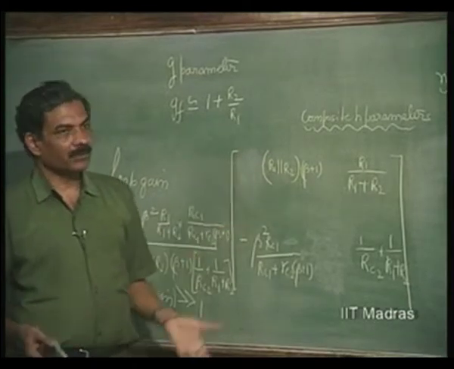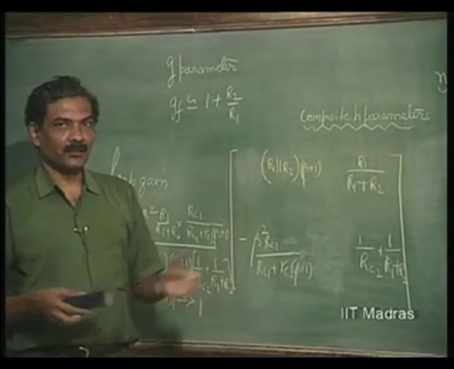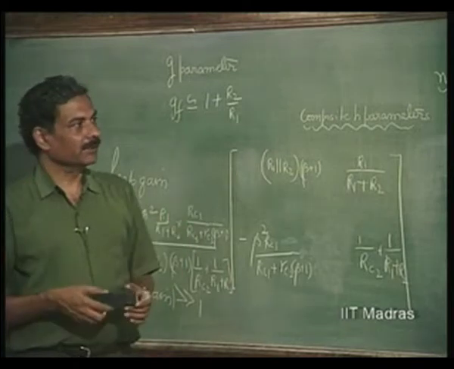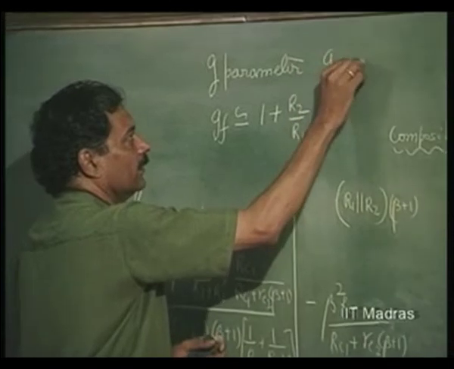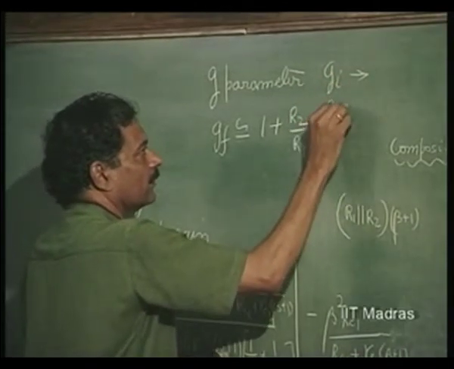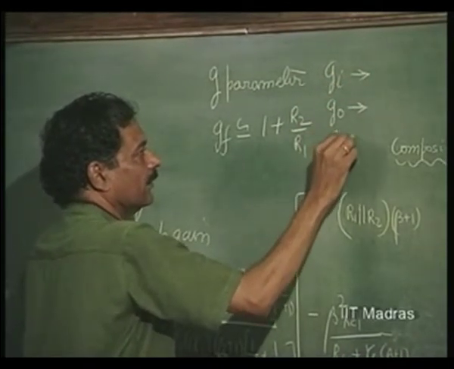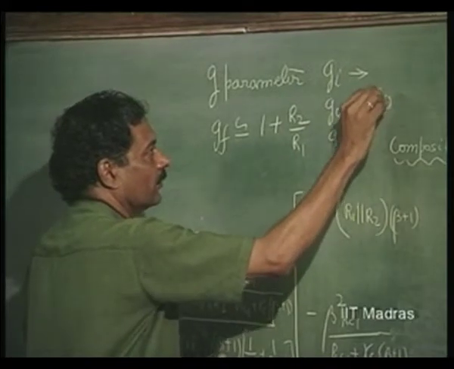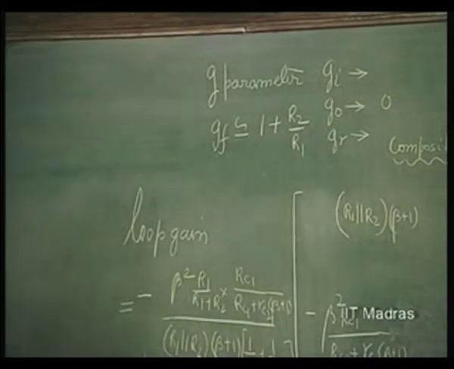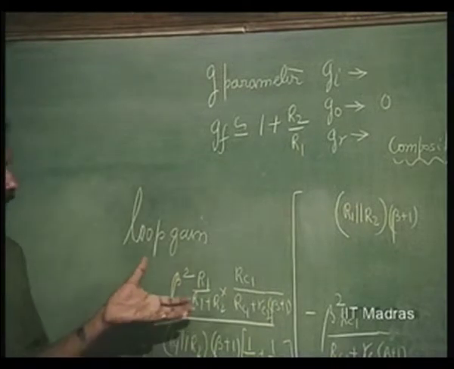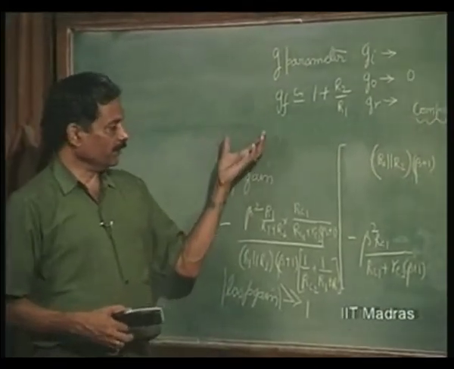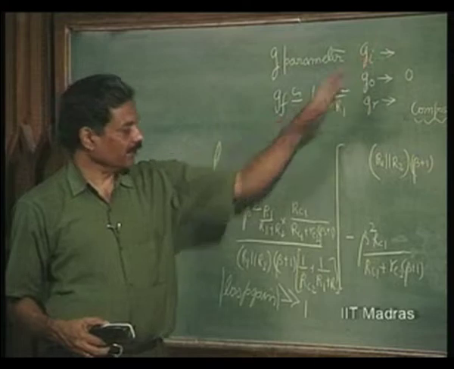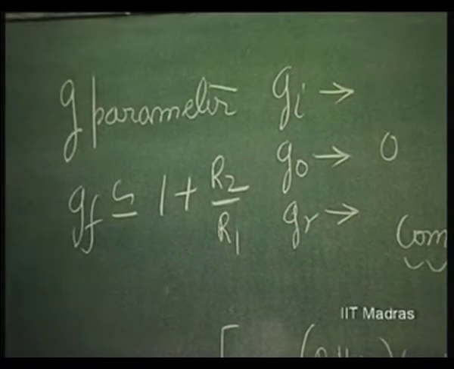Input impedance should go towards infinity, or input conductance also should go towards 0, right. So, GI and G naught and GR, all these things will be going towards 0. So, you can establish that this G parameter in fact becomes extremely small if this loop gain is very high.